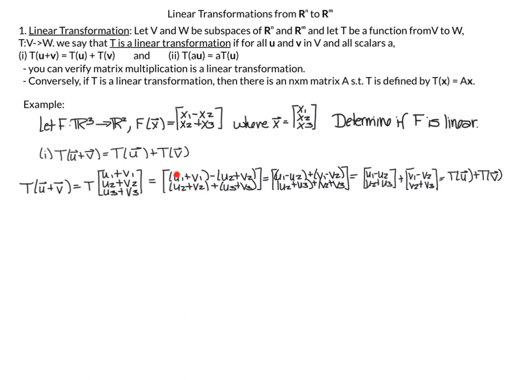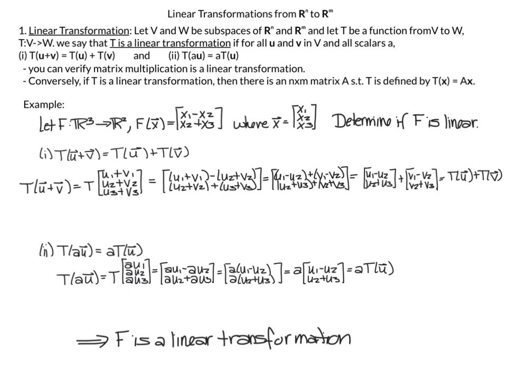So I put my u's together, my u1 minus u2, my v1 minus v2, put my v's together. Here I'm going to put my two u's together, and then I'll put my v's together. And what I see is this is equal to u1 minus u2, u2 plus u3, plus the vector v1 minus v2, v2 plus v3, and this just so happens to equal, according to our definition of our transformation, T of u plus T of v. So the first condition is met.